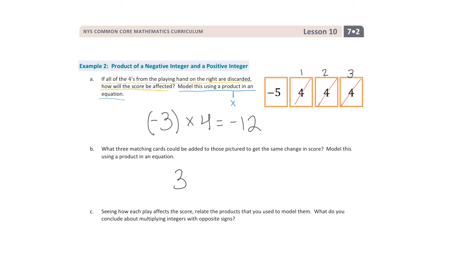When we do that, our cards are now valued at negative 4. So now we're going to write this equation as we have 3 times our value for each of our cards now, which is negative 4, and that gives us negative 12. Again, it means that our score is decreasing by 12 points.